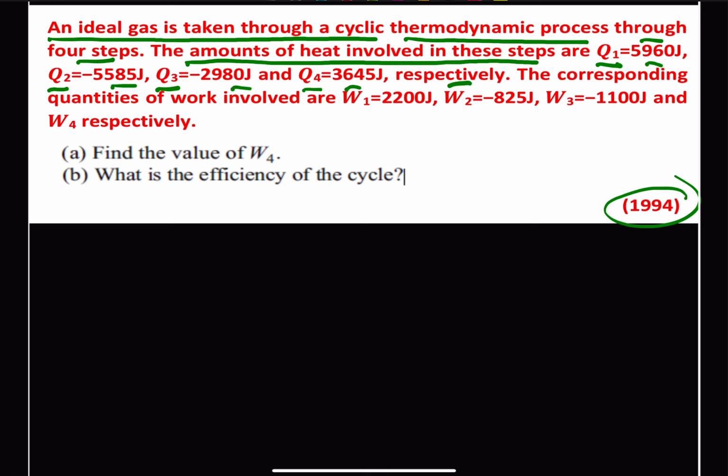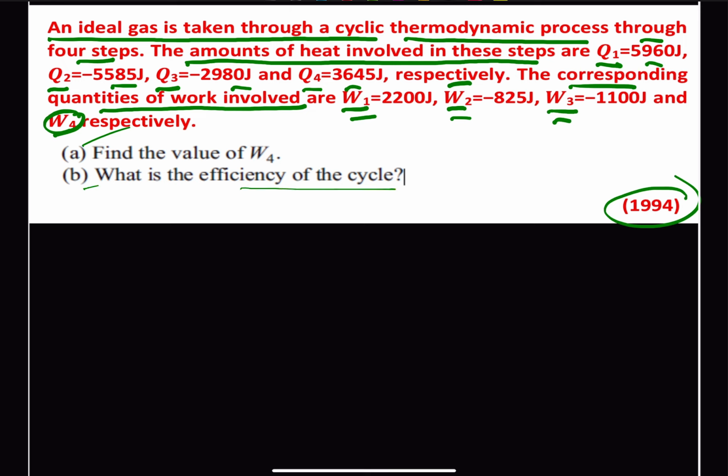The corresponding quantities of work done are W1, W2, W3 and W4. W1, W2, W3 values are given, but W4 is not given to us. So based on this we have 2 questions. In part A, find the value of W4, and in part B, what is the efficiency of the cycle.